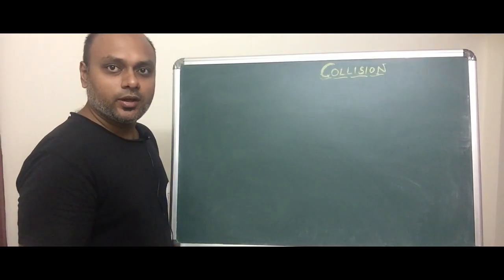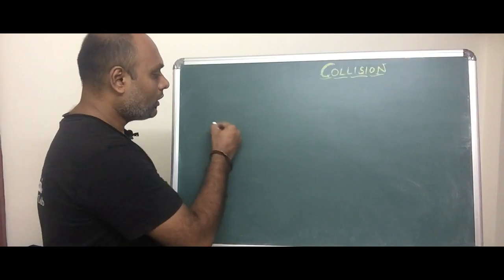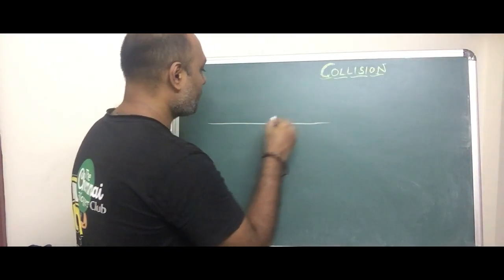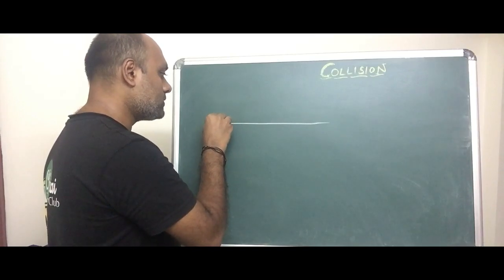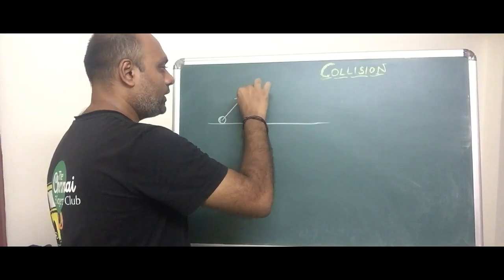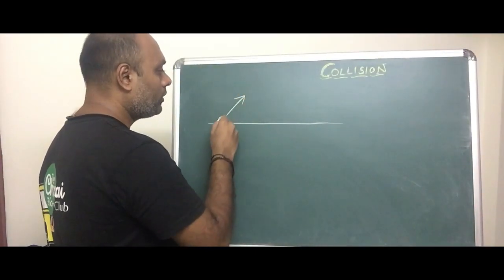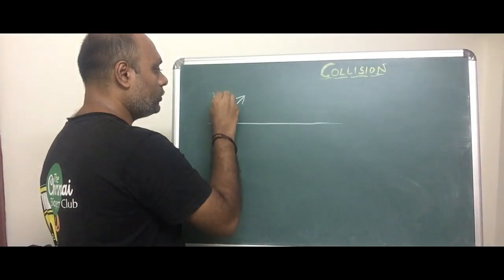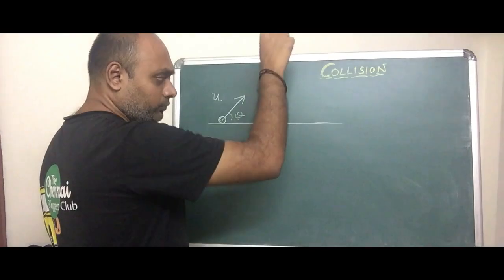Now, I will take one simple example of an indirect collision and discuss some basic things. Let's say an object is projected from the ground with initial velocity u, making angle theta.